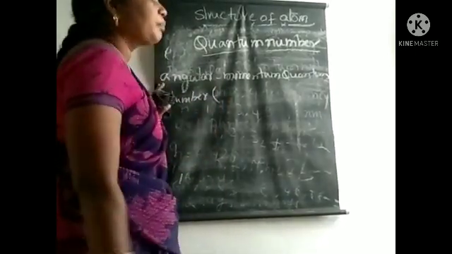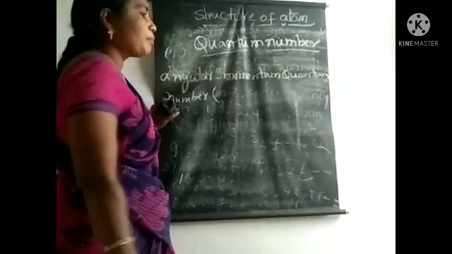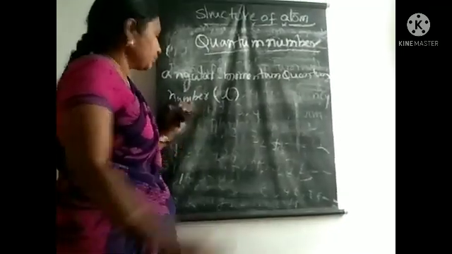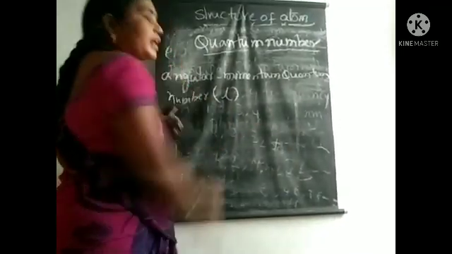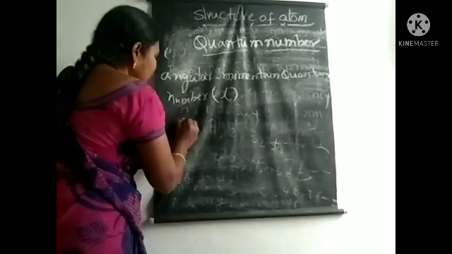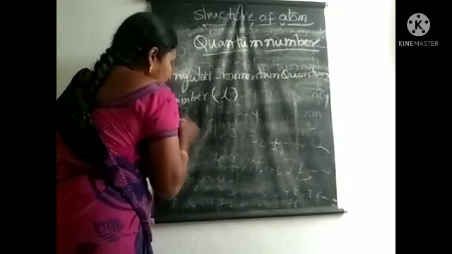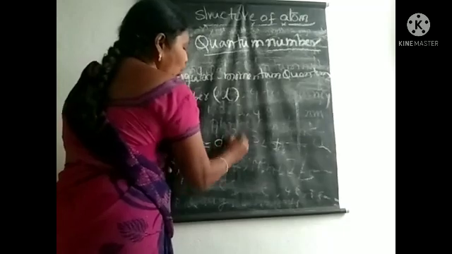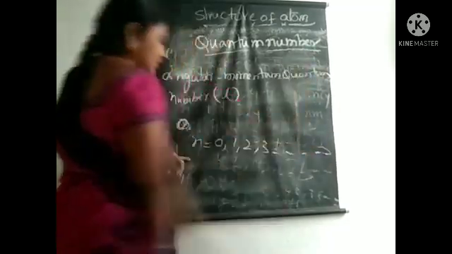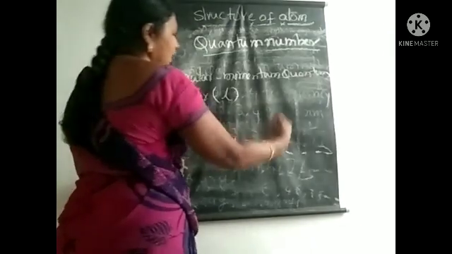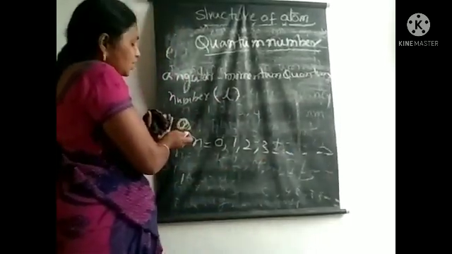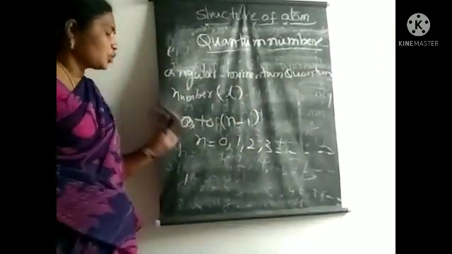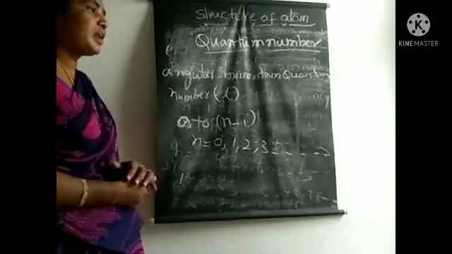It is denoted by l. The angular quantum number starts with the integer 0. The subshells are numbered 0, 1, 2, 3, like this. The values run from 0 up to n minus 1.